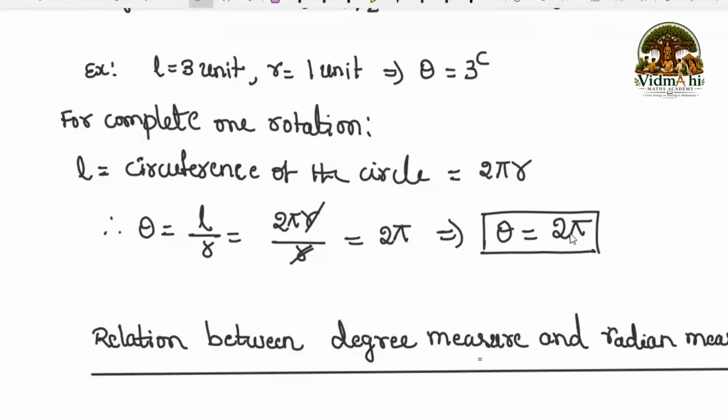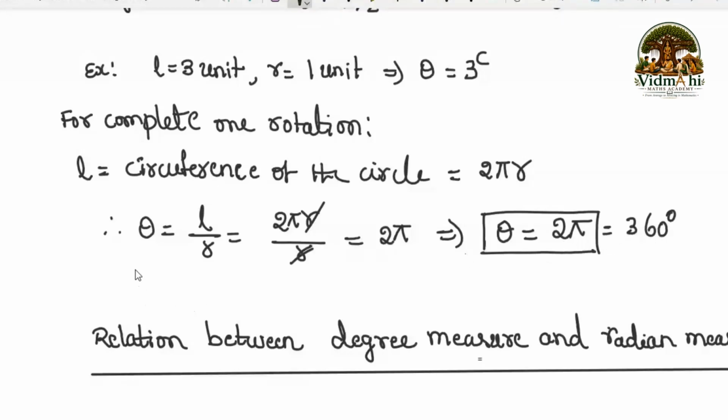One important note: for a complete one revolution, theta is 2 pi, and 2 pi is equal to 360 degree.